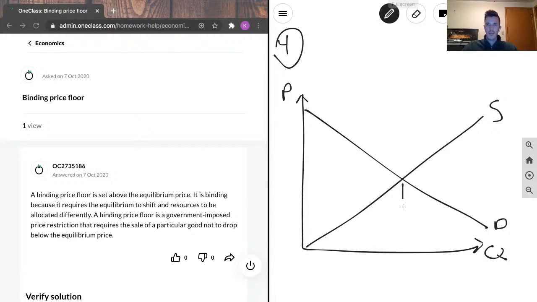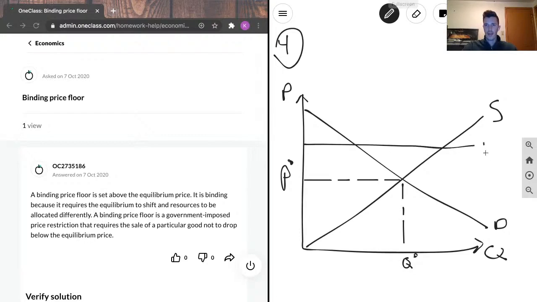And again, we have what would be our equilibrium point here at Q star and here at P star. And a price ceiling, as you might imagine, is kind of the opposite of a price floor. It is when the government imposes a maximum price, so the price cannot be higher than the price ceiling.